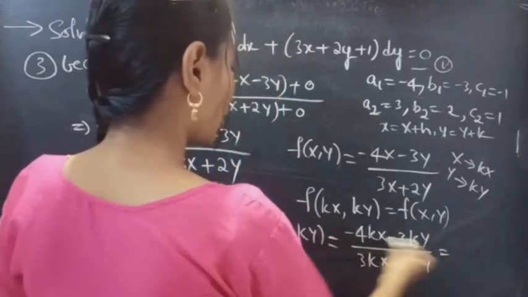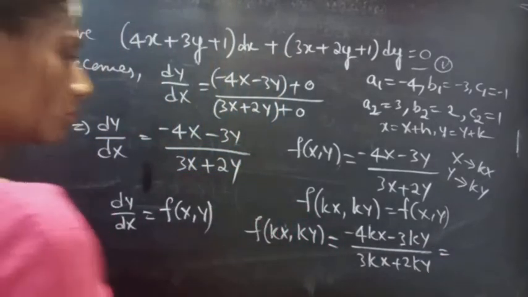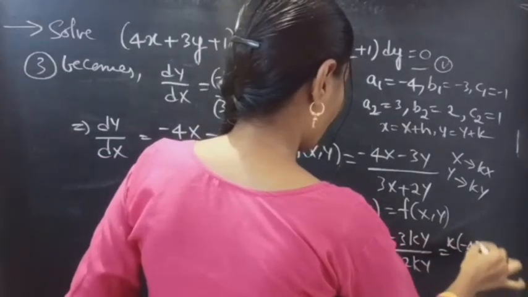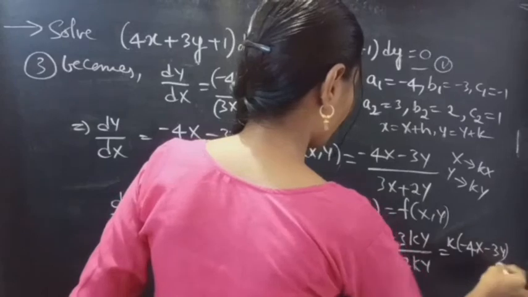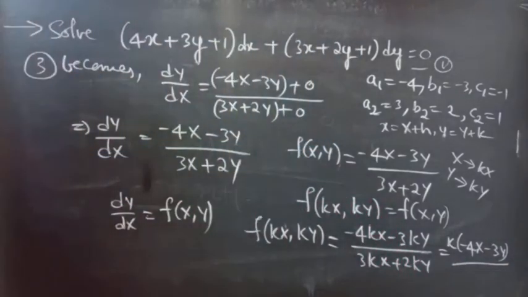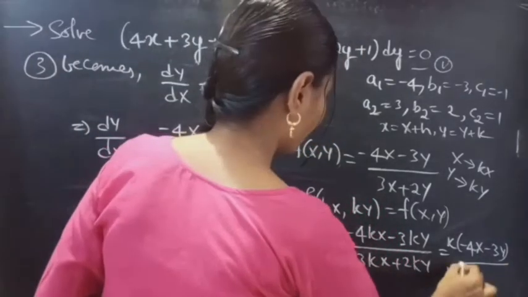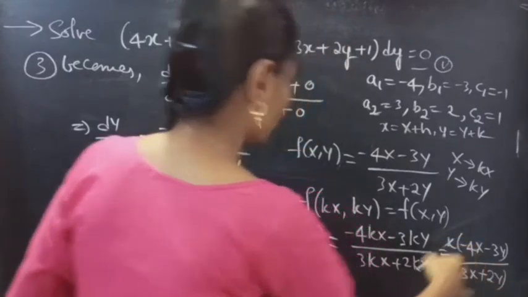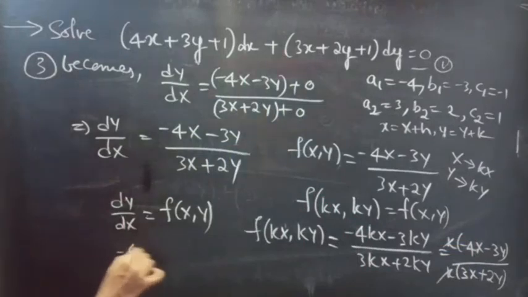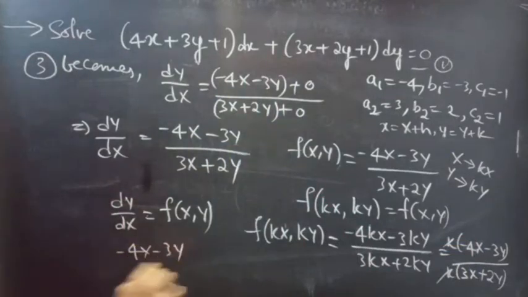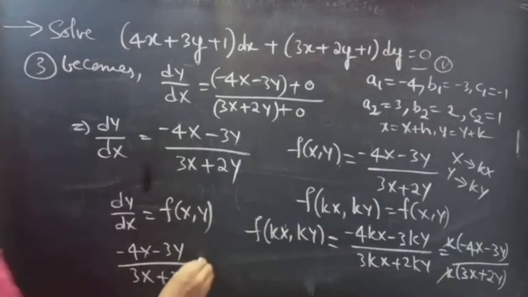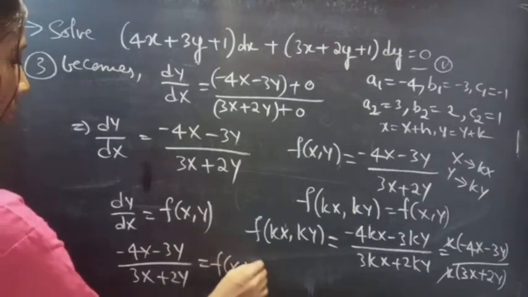Now we can take k common from the numerator and the denominator as well. So you get k times minus 4x minus 3y by k times 3x plus 2y. Here k gets cancelled and you'll get minus 4x minus 3y by 3x plus 2y, which is a function of xy, right?